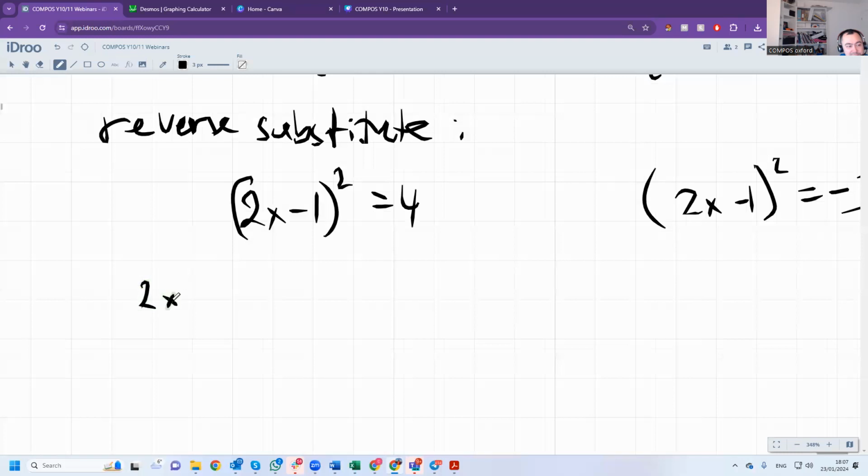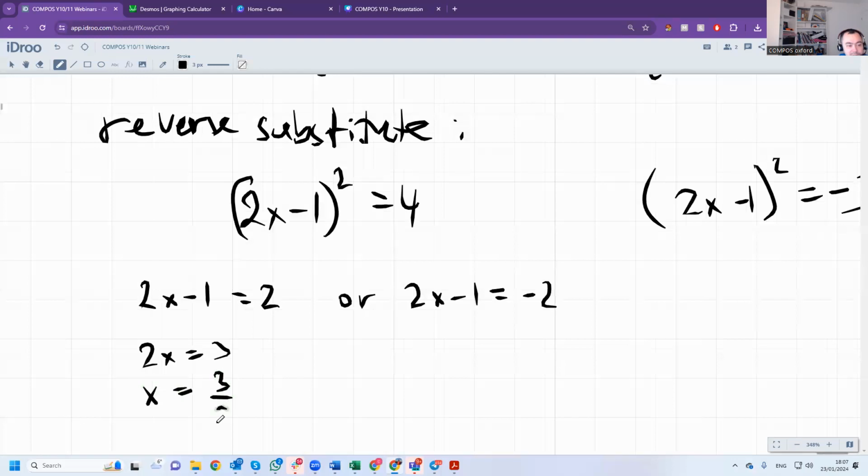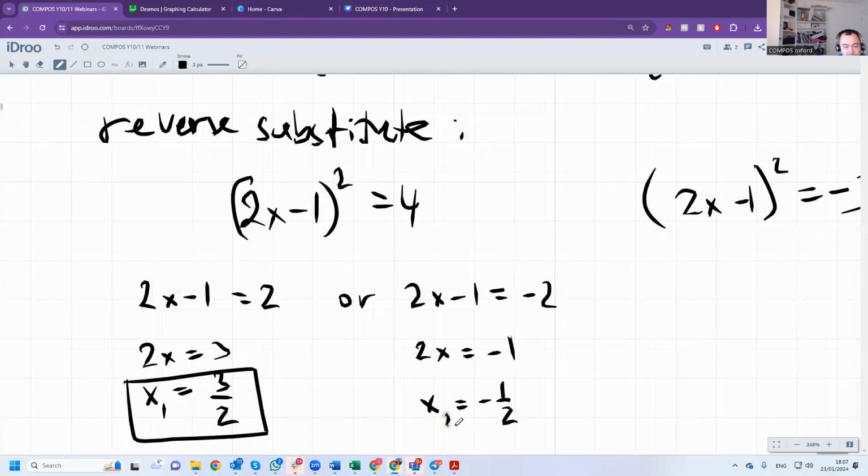You have either 2x minus 1 is equal to 2, or 2x minus 1 is equal to minus 2. Therefore, you have 2x equals 3, x equals 3 over 2. That's the first solution. Here you have 2x equals minus 1, so x is equal to minus 1/2. So that's x2.